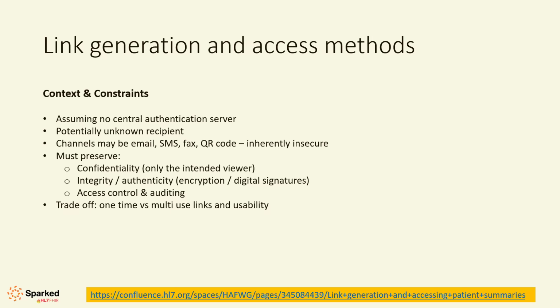So this essentially means that we've got a bit of a trade-off in terms of that security. So do we have a one-time link or a multi-use link or an expiring link? And all of this really needs to be considered in what I'm calling an identity offline scenario where we don't have that central authentication server.